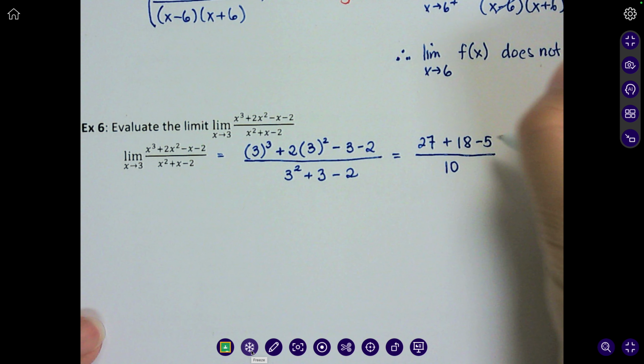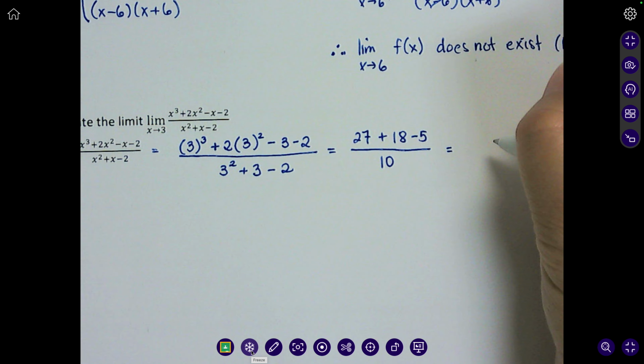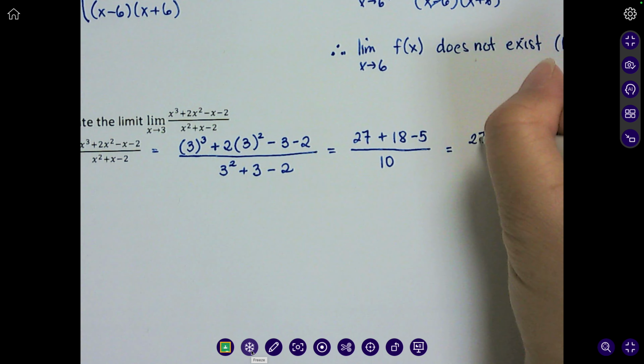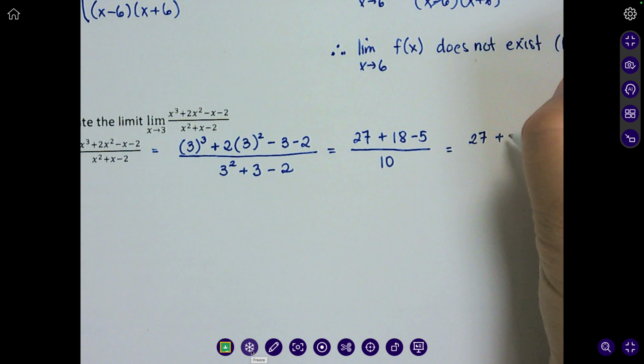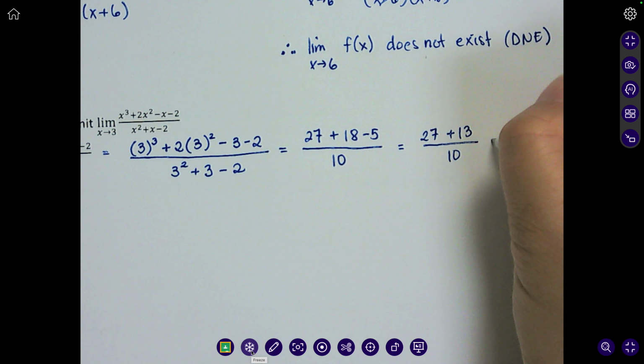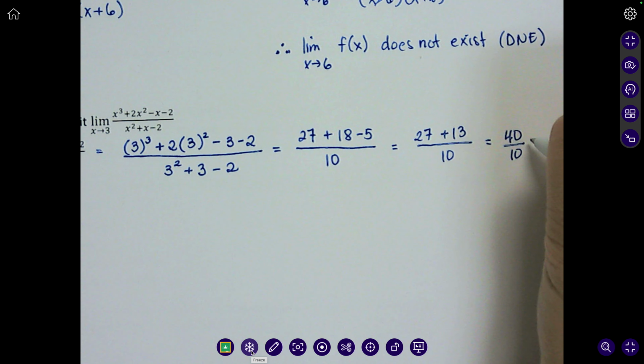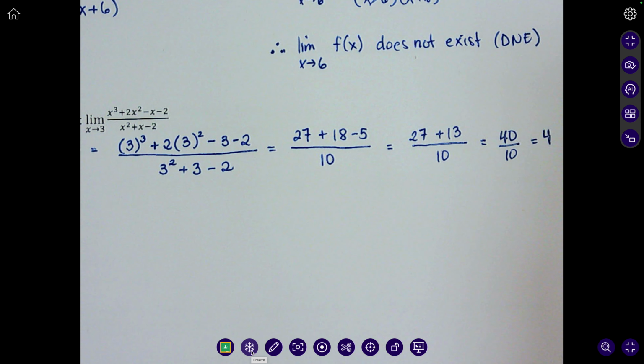And then that's a minus 5. Alright. So that's 27. I'm going to combine these. So that's going to be plus 13 over 10. So that's going to be 40 over 10. So I got 4. How are you doing? Questions on that?